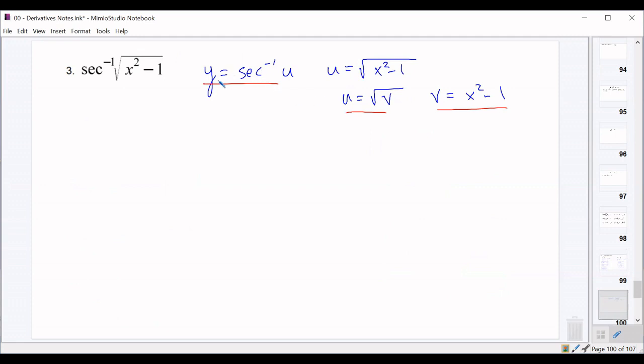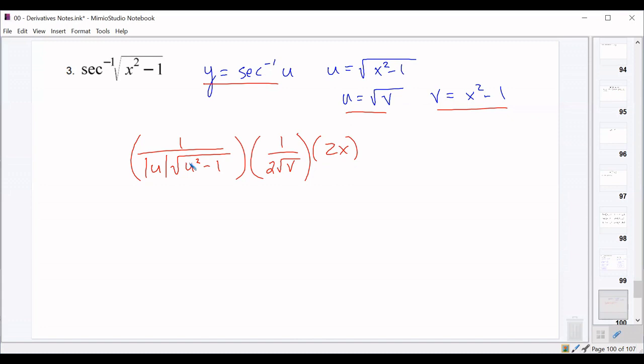The derivative of inverse secant of u is 1 over the absolute value of u times the square root of u squared minus 1. The derivative of root v is 1 over 2 root v, and the derivative of v is just 2x.